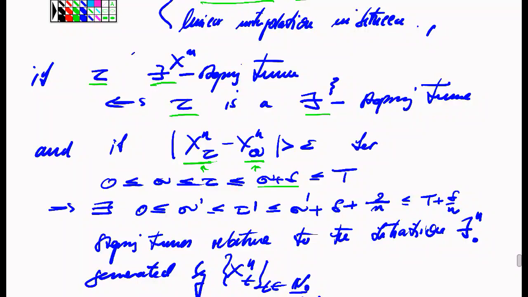Because everything which is in between the integer time points is just a functional of the things that happen at the integer time points when actually the randomness kicks in.